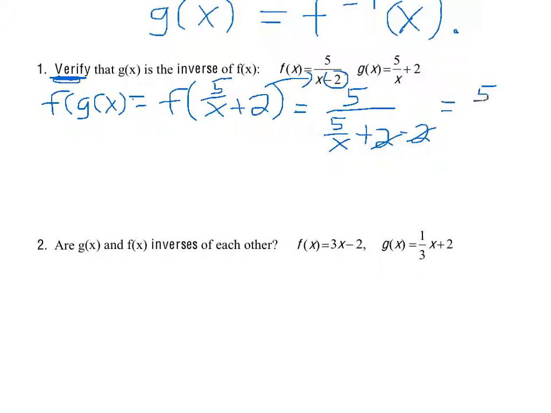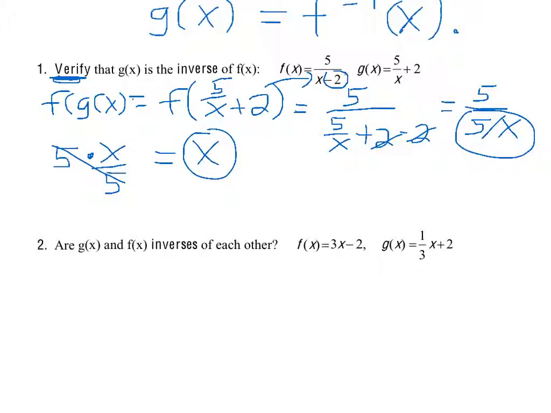So this equals 5 divided by 5 over x. This is what I mean, you have to be real detailed and show all your steps. You are dividing by a fraction, 5 over x, so you have to show that step. I'm going to take that top 5 and multiply it by the reciprocal of this, so it's x over 5. So the 5's cancel and it equals x.